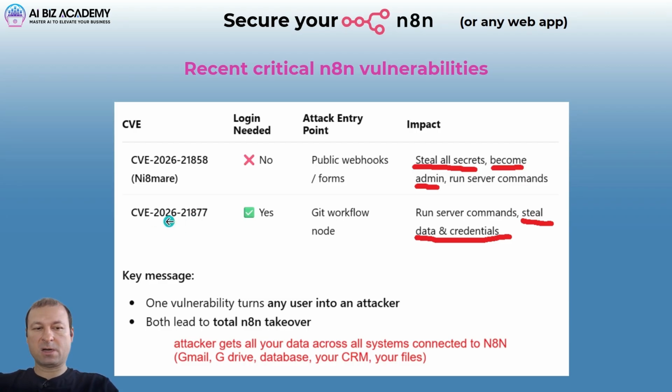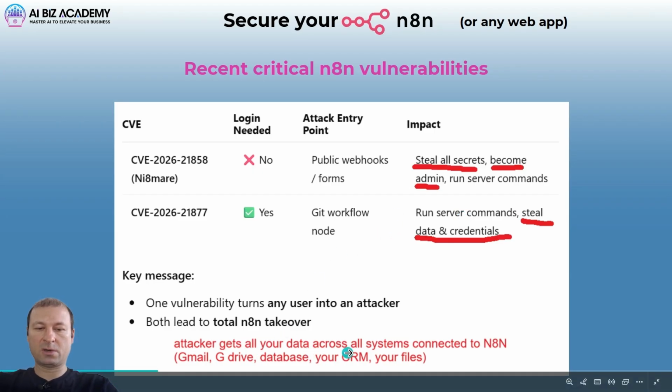And we had another vulnerability where a user must be logged in to N8N, but this means that even a regular user exploiting this vulnerability can get admin access and basically have access to everything that is stored there: all your keys, your data, your databases, everything.